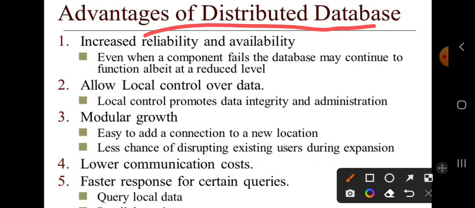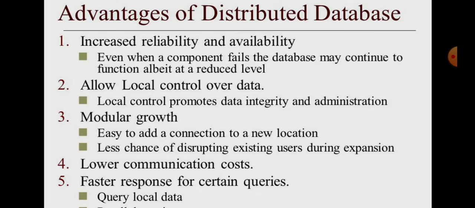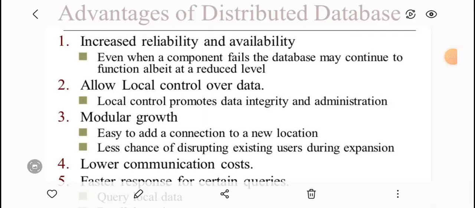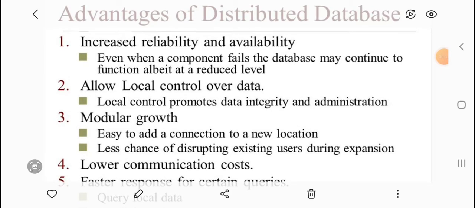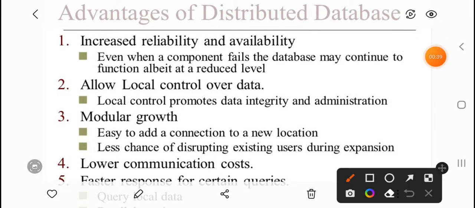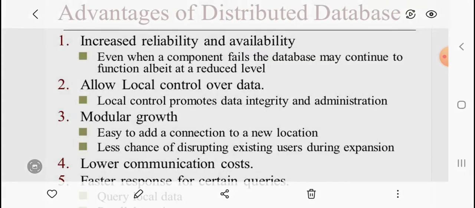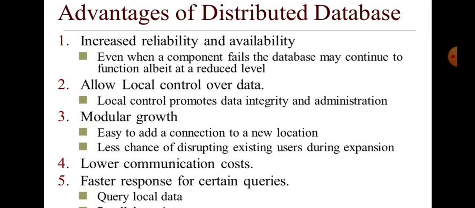Okay, the first and foremost advantage that I want to discuss is increasing reliability and availability. See, what is reliability? Real time output should come whenever you are requesting the database from the server, and that will happen in your distributed database.